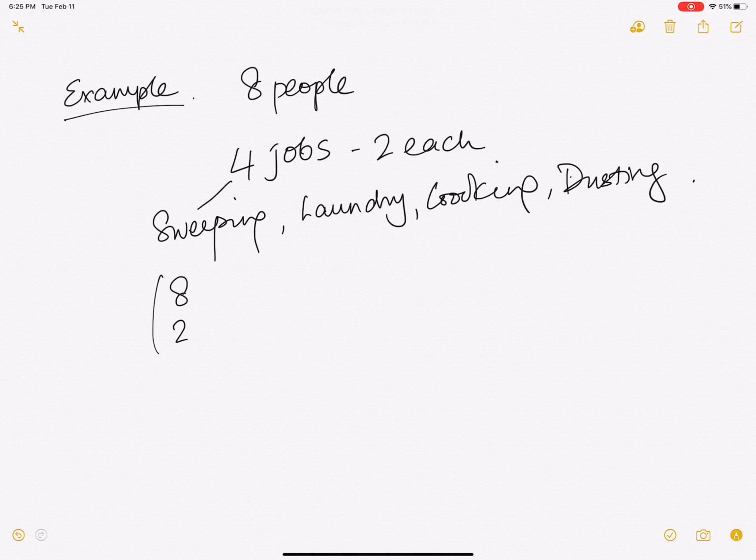So there's 8 choose 2 number of ways you can pick a person for job 1. And then 6 choose 2 number of ways you can pick a person for job 2. 4 choose 2 number of ways you can pick the people for job 3, and 2 choose 2 number of ways, actually just one way, where you can assign the leftover 2 people to what you call the 4th job.